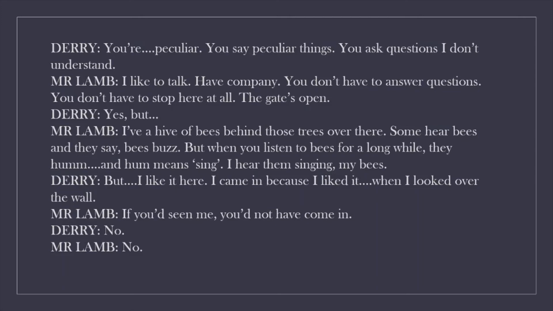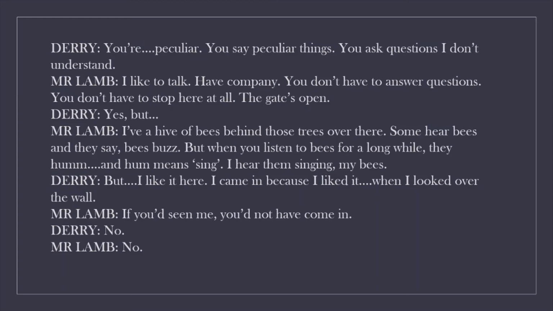Mr. Lamb said that there was a beehive in one of the trees. People considered the buzzing of the bees to be noise, but for him it was a song sung by the bees. Derry explained that he had liked the place from outside, and so he had entered the garden.